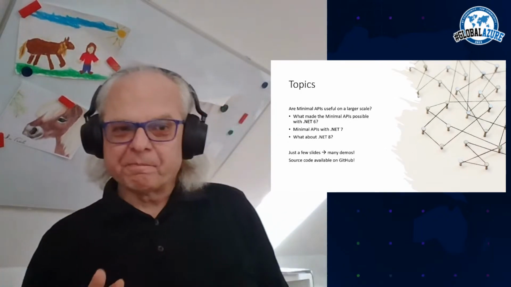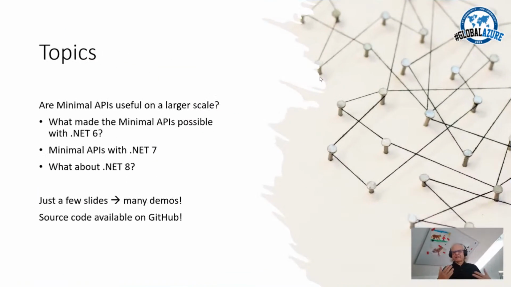What I want to tell you today is about the minimal API. The minimal API, it's minimal, so can it be used on a larger scale? Does it replace the controllers, or should we stay with the controllers?